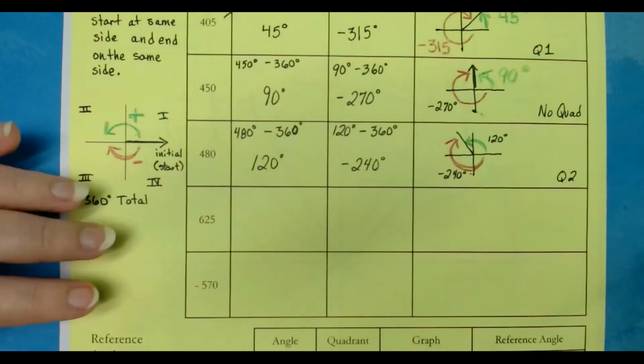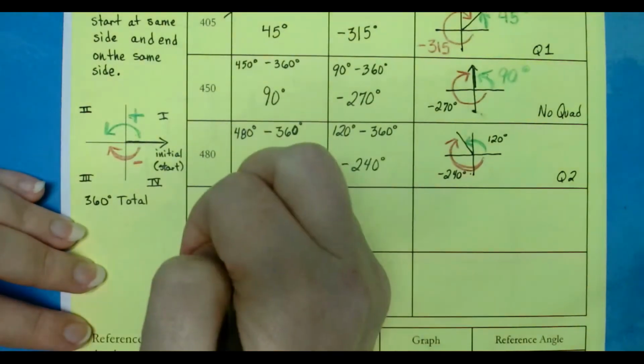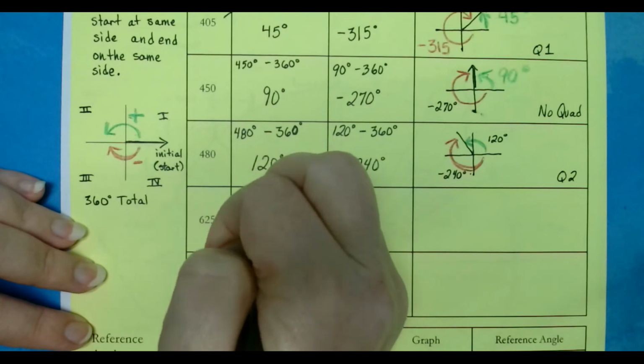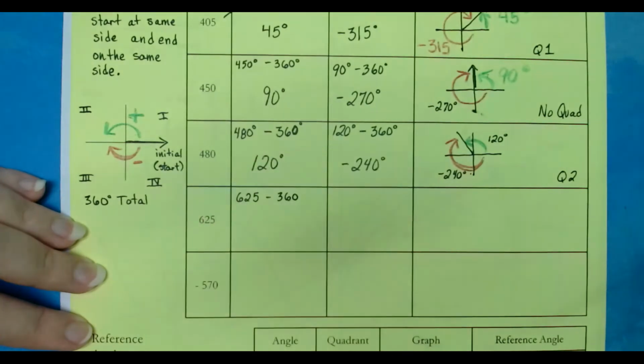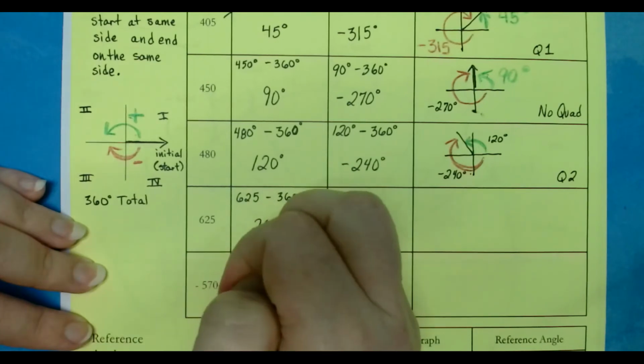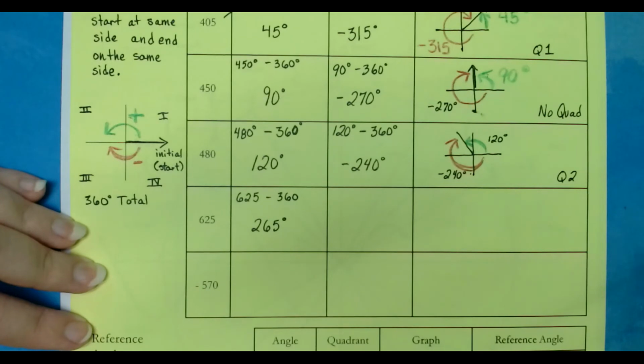Okay, so let's do 625. 625 minus 360 is 265.